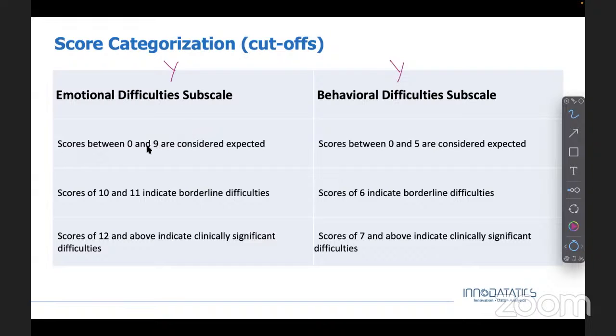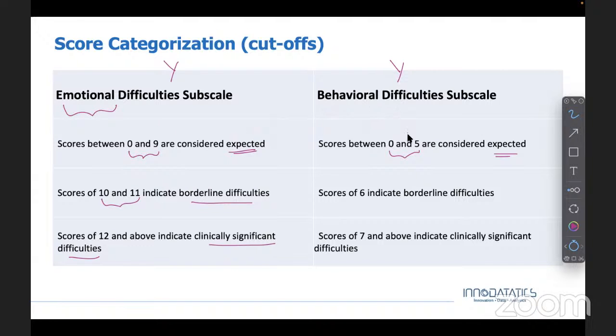If the scores are between 0 and 9, it's considered expected behavior. If the scores are between 10 and 11, it's called borderline difficulties. A score of 12 and above indicates clinically significant emotional difficulties the kid is experiencing.